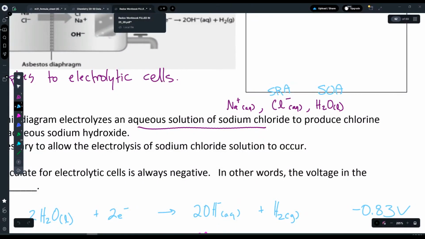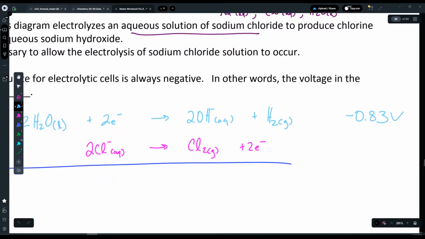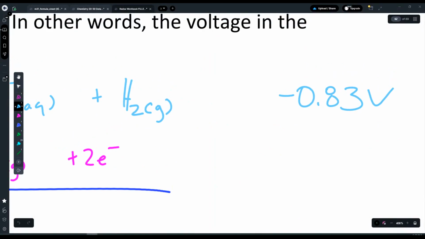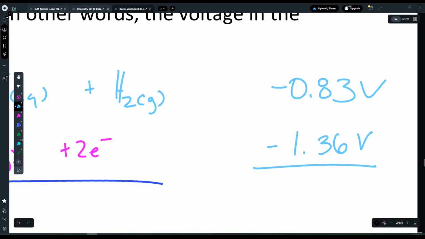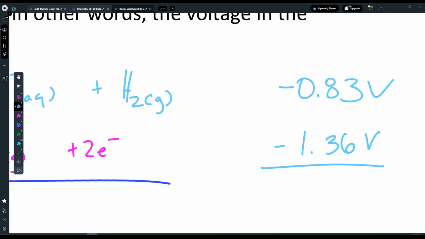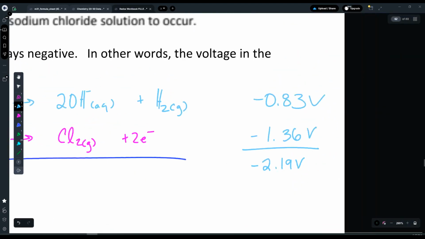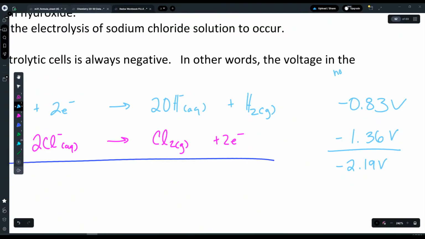You could choose to use the formula in order to figure this out, and I'll show that in a second, but if you wanted to use the non-formula way, you need to manually flip the sign on your oxidation reaction. So negative 0.83 minus 1.36, that's going to give us negative 2.19 volts. Okay, so again, this is the non-formula way.